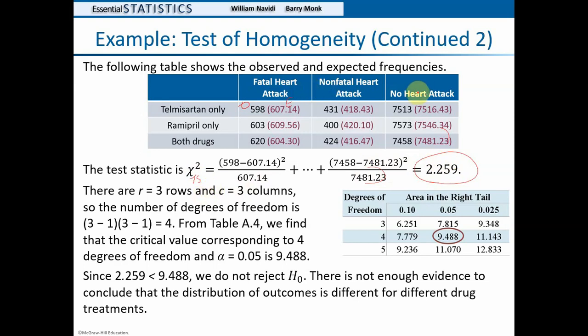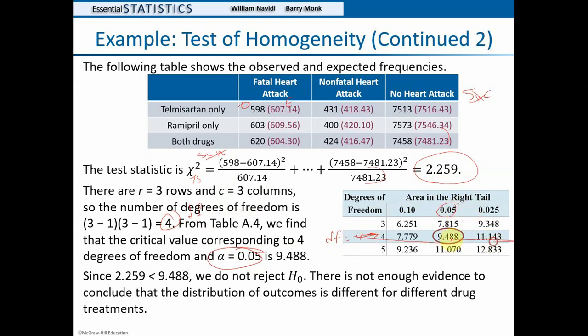We have 3 columns, 3 rows, don't include the sum, just this by this. 2 by 2 is 4 degrees of freedom. So I'm going to go here to degrees of freedom equal to 4. What are we testing it at? Alpha 0.05. There's the area in the right tail.